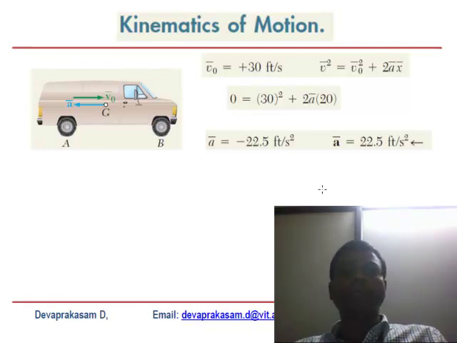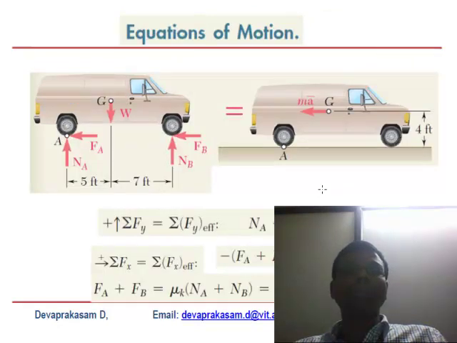So now you know the deceleration which is acting, there is a velocity, and the normal reaction, which is just the weight acting at the center of gravity at G. You can easily find it: it is mass into g, acceleration due to gravity, which is given. Now you resolve in the y direction and x direction.